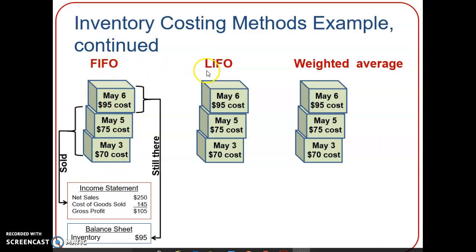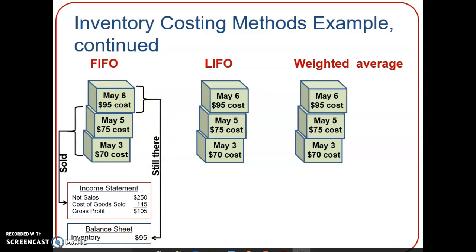So the FIFO and the LIFO methods both make assumptions about which items got sold and which are left behind. The FIFO assumes that the first to come in will be sold out to customers first. Alternatively, under the FIFO system, the last one that came in will stay in the ending inventory.